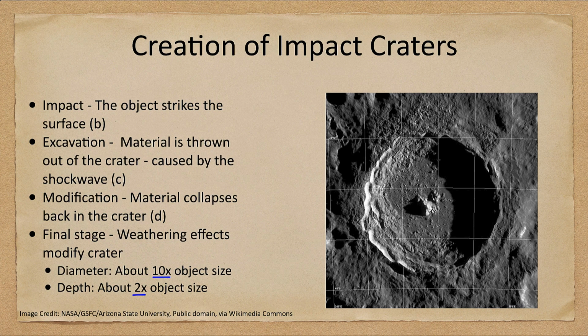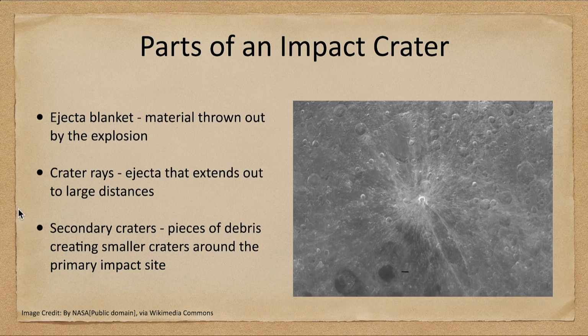Now when we look at some of these relatively new craters, let's look at a relatively fresh crater on the moon. This one is pretty new, but here's an even newer one shown. And that is because we can tell that we see the impact crater here, but we can still see the rays coming out. So the crater rays are ejected material that expands out to a large distances away from the crater. We also have an ejecta blanket in close.